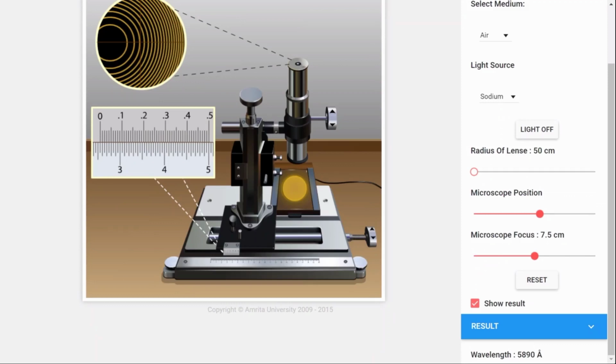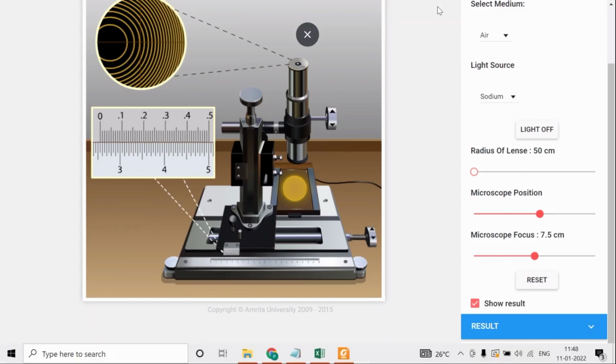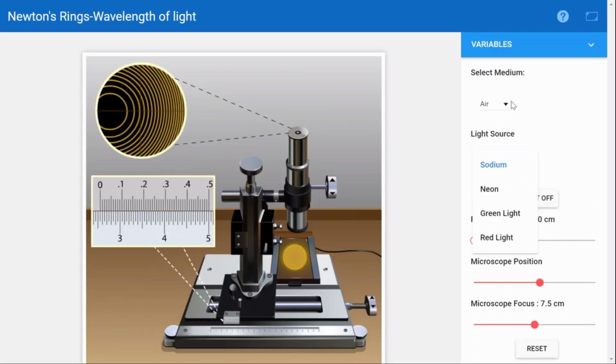Now see, in this practical, there is no need to change the microscope position and microscope focus also. Yeah, fine. That is correct. So over here, we are having different options. I have performed the practical for the sodium lamp, sodium source.